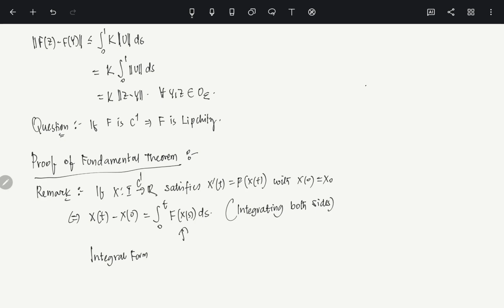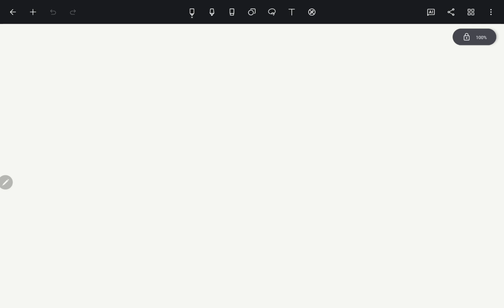If there is a function which satisfies the integral form, then it is going to satisfy the equation. Clear? So this is the integral form of the differential equation x prime equals f of x.